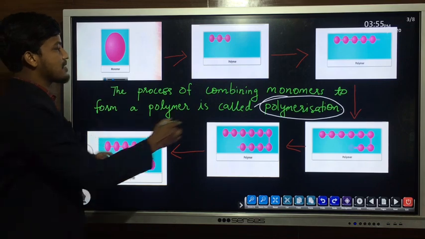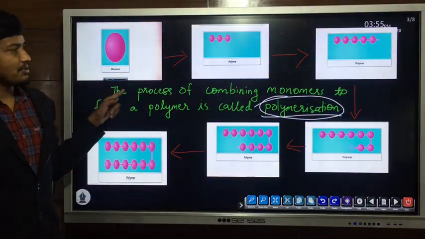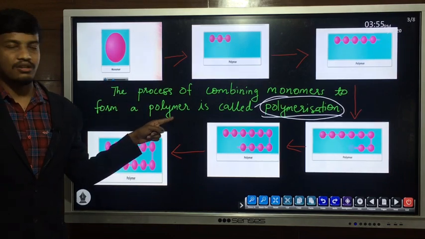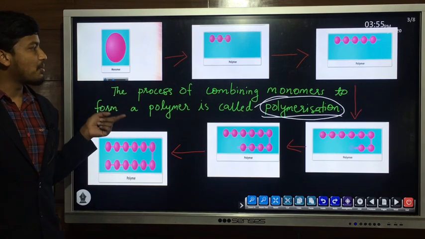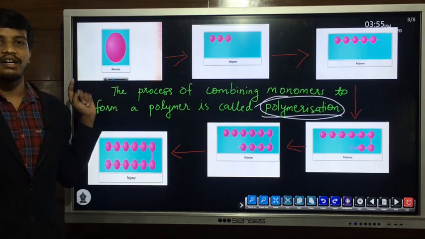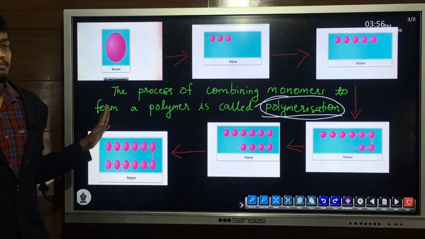Now this process is called polymerization. Polymerization is the process in which monomers are combined together to form polymer.